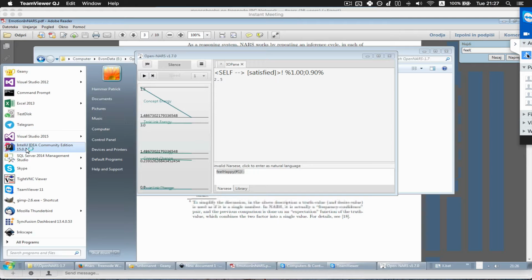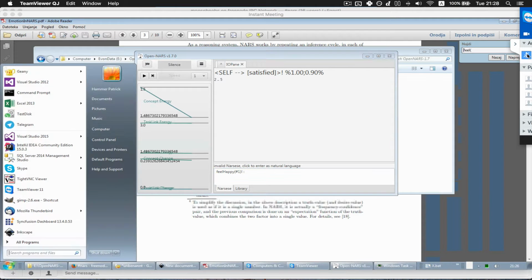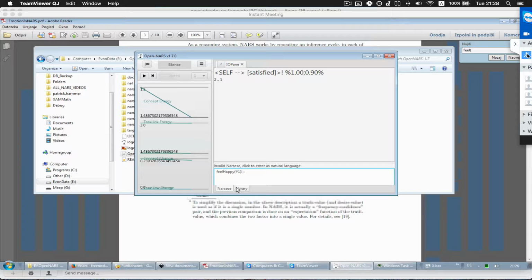It crashed. For some reason it doesn't want to start. I had it open today. I don't know what's wrong with it. I have to check later. But it's something like this.